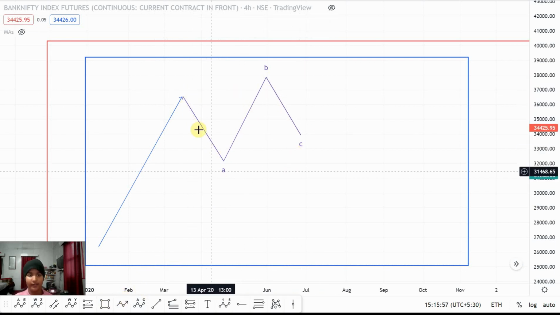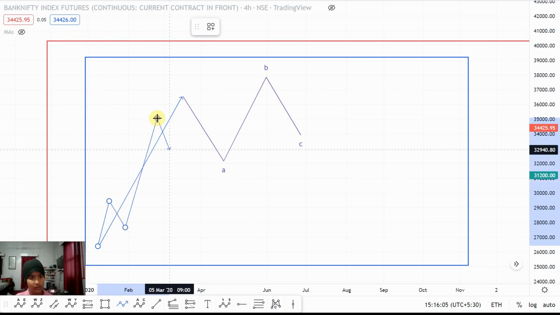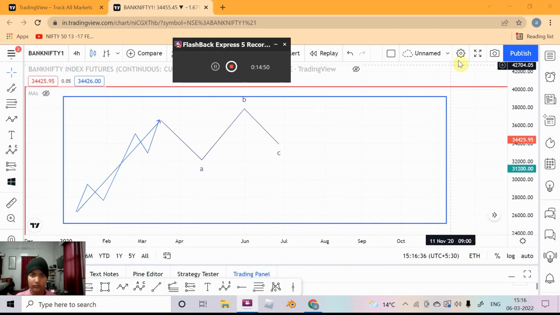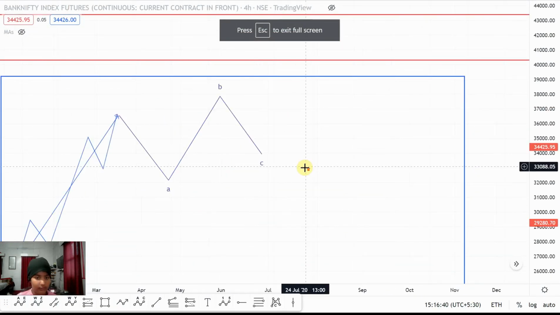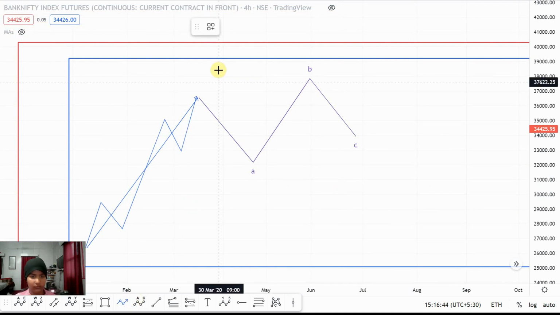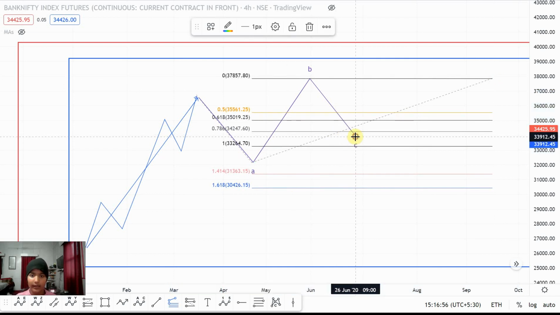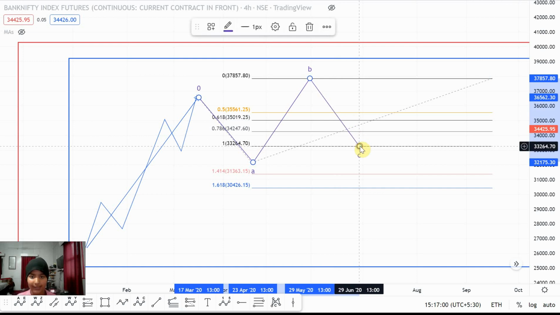It may also be, instead of the running flat being ABC, our W, X and Y. Let's put this right on the B, and our C wave can come here.